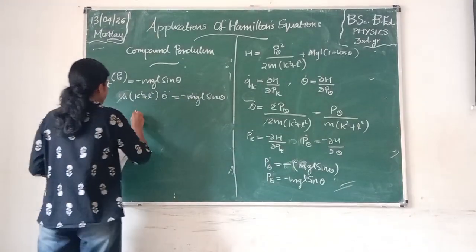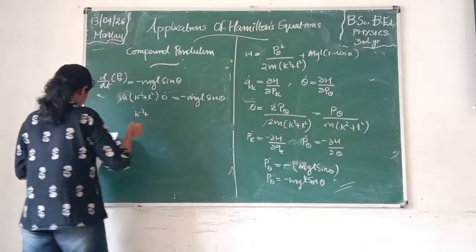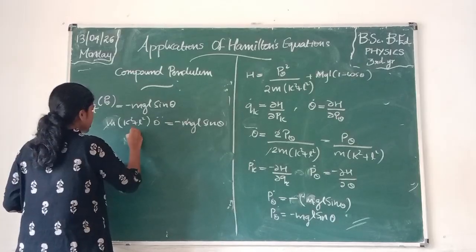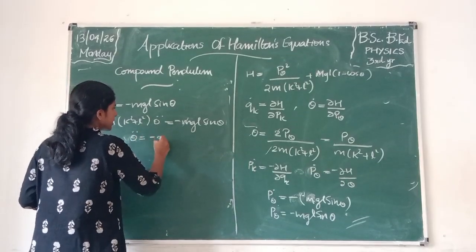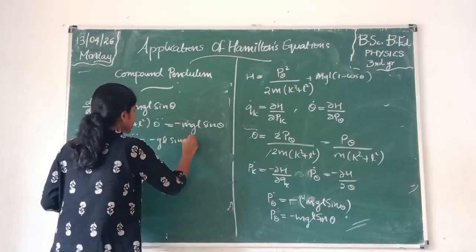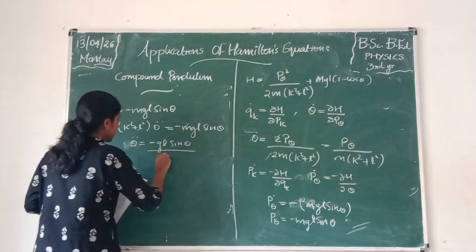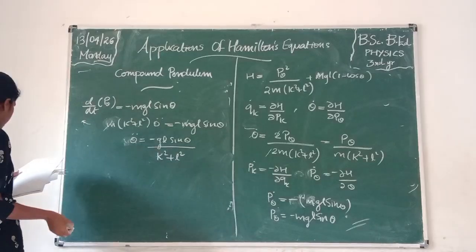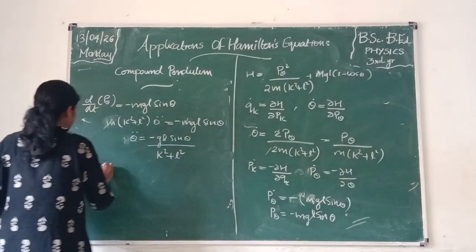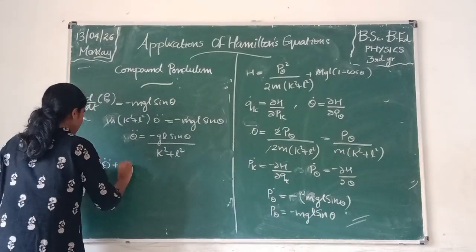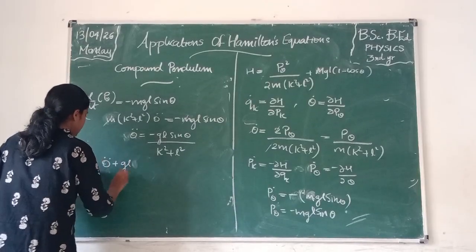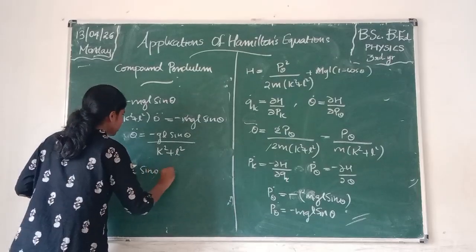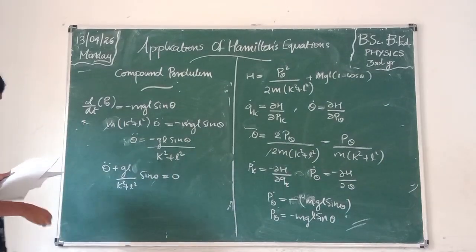So this theta double dot we can find. Theta double dot is equal to minus g l sin theta by k square plus l square. This is theta double dot, or theta double dot plus g l by k square plus l square into sin theta is equal to 0. Okay.